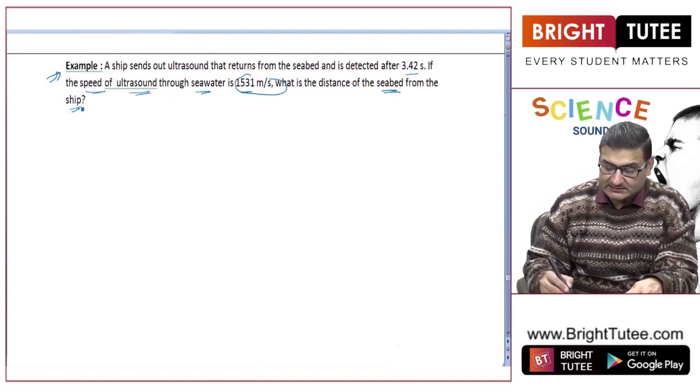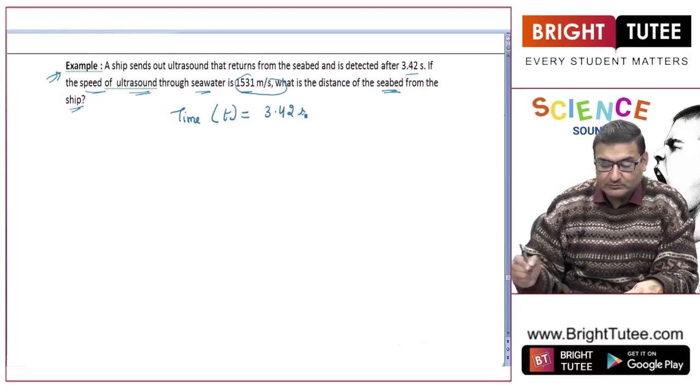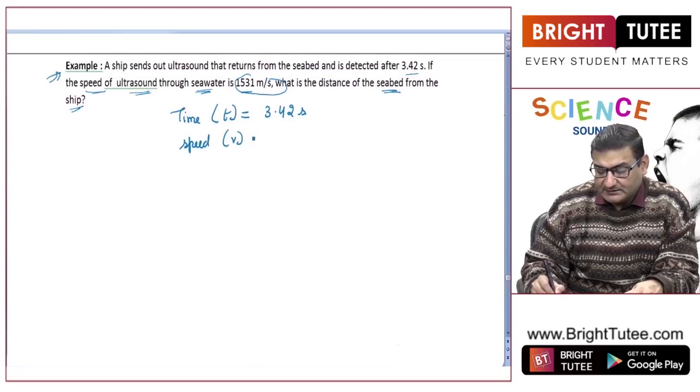Let us see what exactly is given to us in the question. First of all, the time taken denoted by small t is given to be 3.42 second. The speed of ultrasonic waves denoted by small v is given to be 1531 meter per second. We have to calculate the distance, that is s, from the ship.